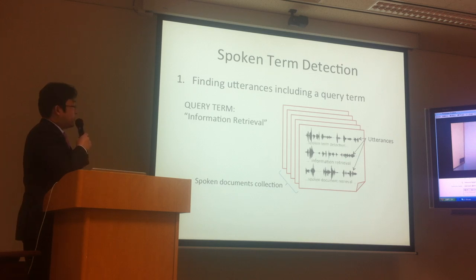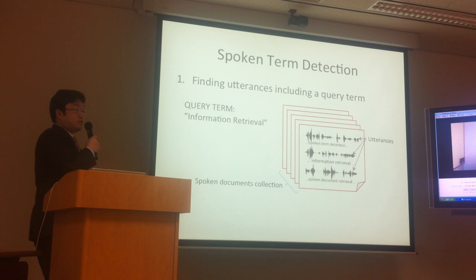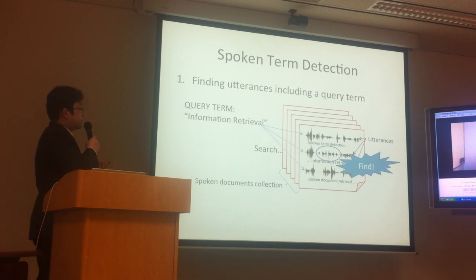First, utterances are automatically transcribed into word sequences, and when a query term is given to the search engine, the search engine performs a matching process between the query term and the utterances. Finally, the search engine finds the query term at this point. This is the normal spoken term detection task.